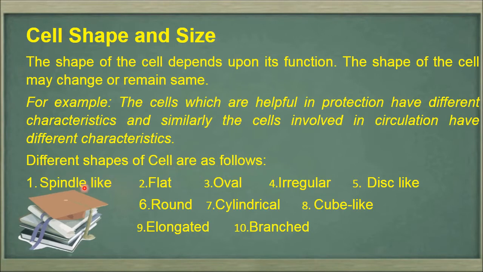Different shapes of the cells are as follows. They may be spindle shape, flat, oval, irregular, disc-like, round, cylindrical in shape, tube-like, elongated, and branched.